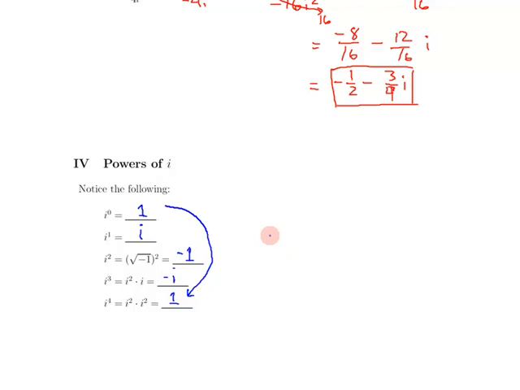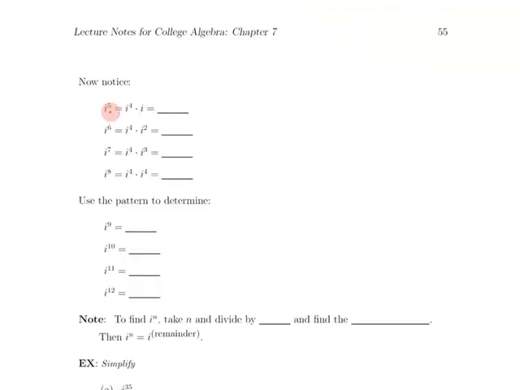We begin a pattern that's going to repeat itself. i to the fifth would be i to the fourth times i, which is i. i to the sixth is i to the fourth times i squared, which is negative 1. i cubed times i to the fourth, or i to the seventh, would be negative i, and then i to the fourth times i to the fourth, or i to the eighth, is 1 times 1, which is 1. Okay? And then it does it again. i, negative 1, negative i, 1.